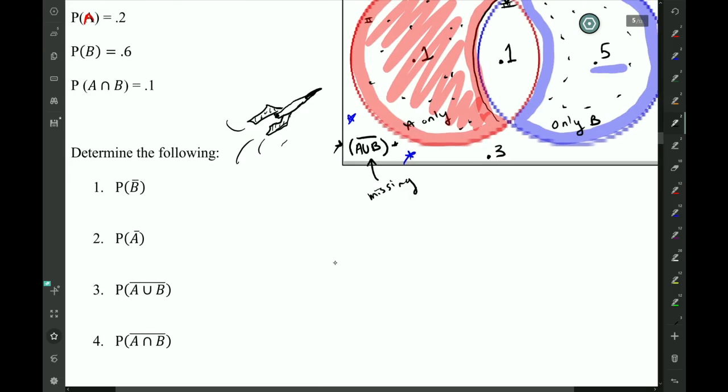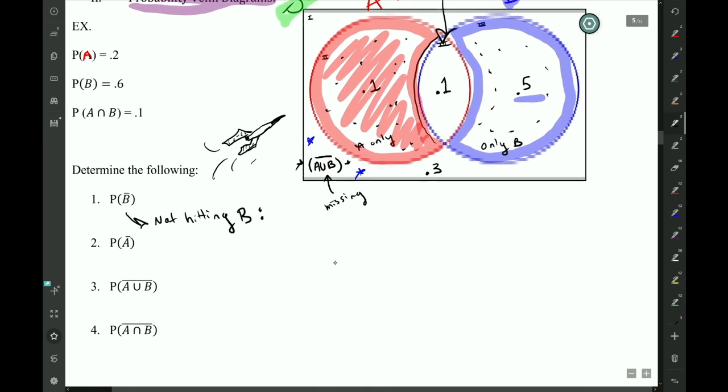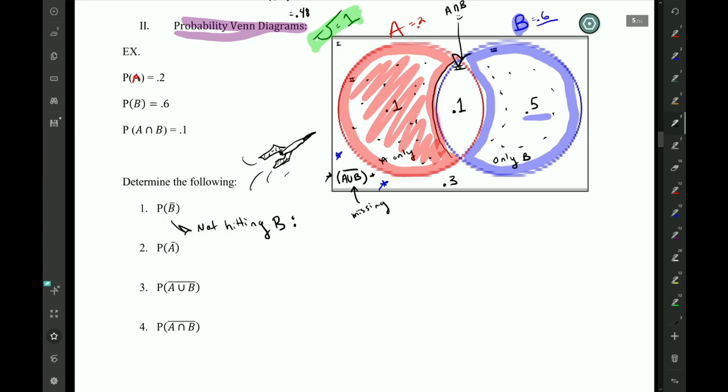Now, be careful. This is like saying the probability of not hitting B. I'm going to highlight everything that is not B in yellow. This is certainly not B, so that is 0.1.